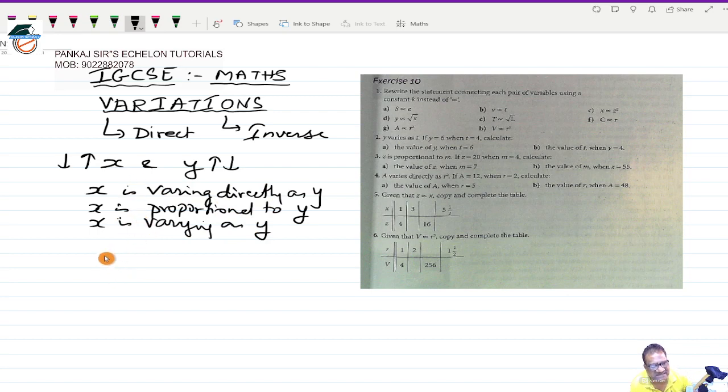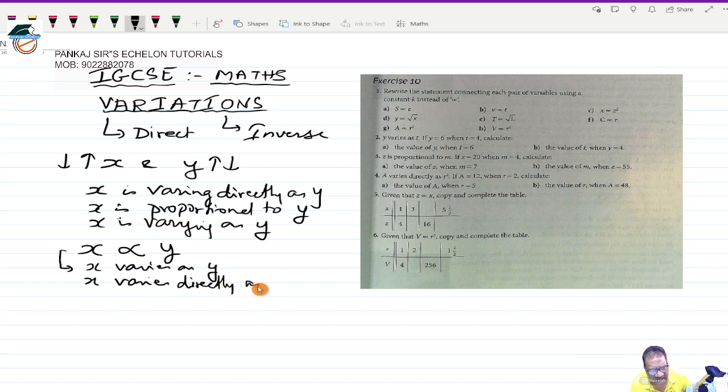This is written in this way: x, the first quantity, varies directly as y. x is directly varying as y, or x varies as y, or x is directly proportional to y, or x is proportional to y. So let me write those four statements. x varies as y. It is also written as x varies directly as y.